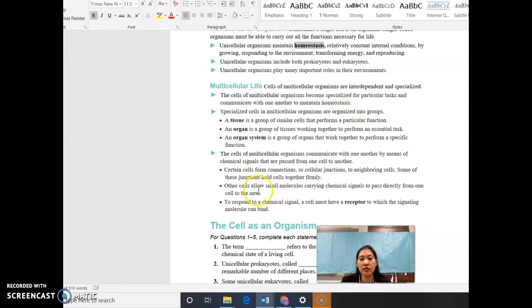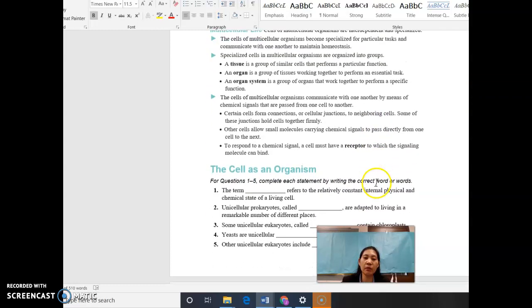Okay, so these certain cells, they form connections or junctions to their neighboring cells. Some of these junctions hold cells together really firmly. Other cells, they allow small molecules carrying chemical signals to pass directly from one cell to the next. So to respond to a chemical signal, a cell must have a receptor. Take note of the word receptor to which the signaling molecule can bind.